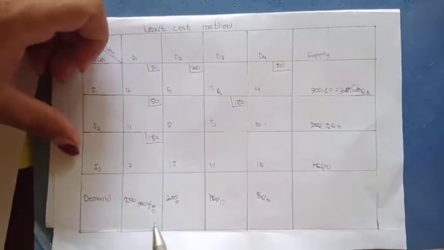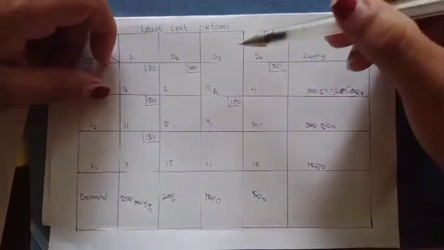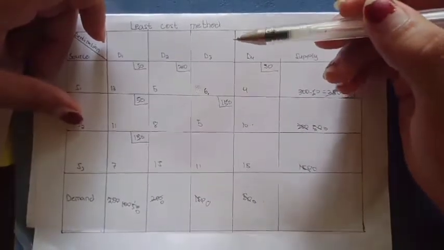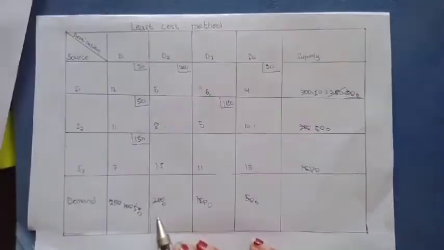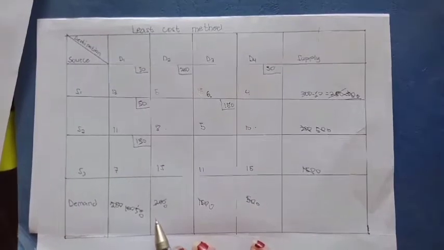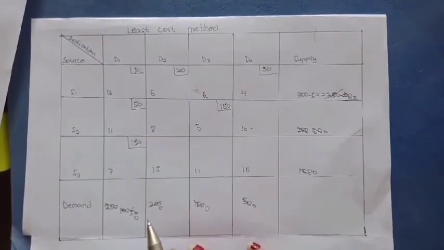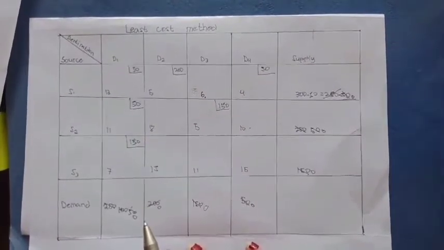As you can see, we already satisfied the columns and rows. So now we need to proceed to the next minimum total transportation cost.